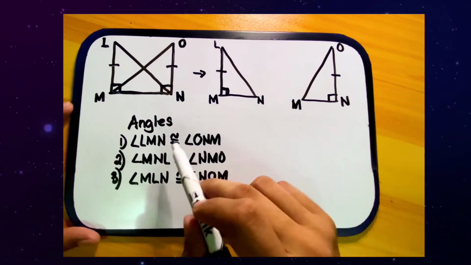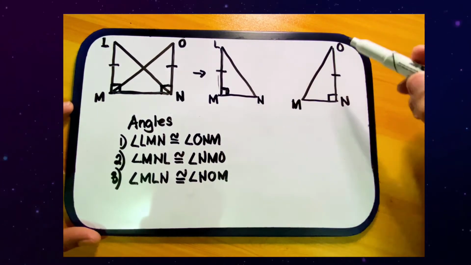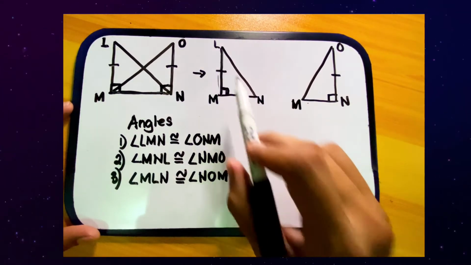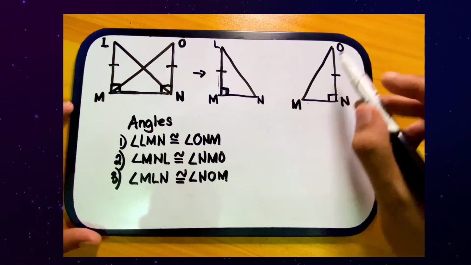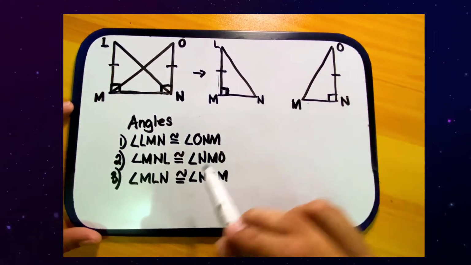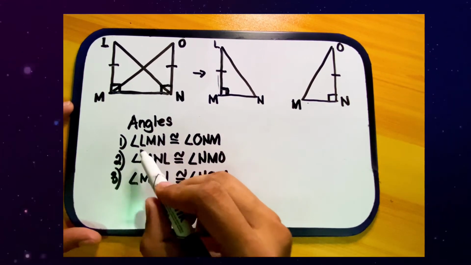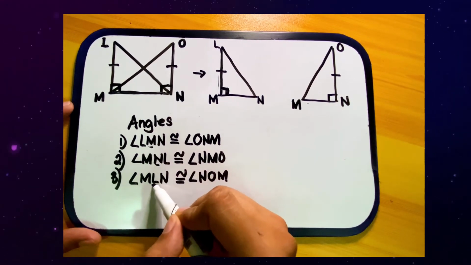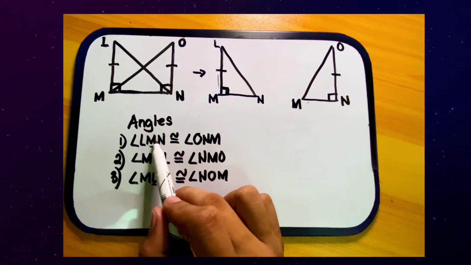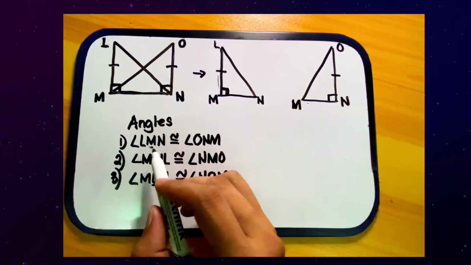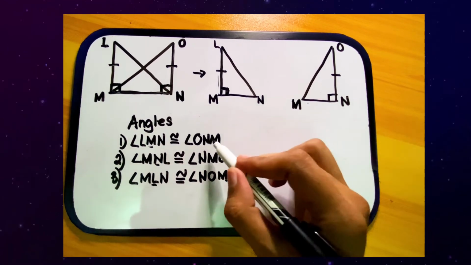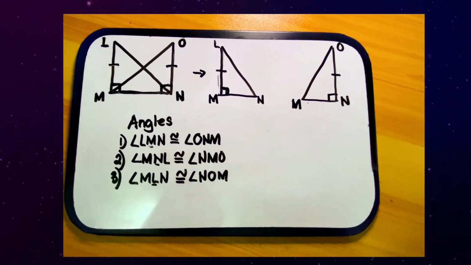Okay, so again, angle LMN congruent to ONM. Next, MNL congruent to NMO. Then MLN congruent to NOM. So notice that in the middle, these are the vertices. So make sure that the vertices are the 3 letters. So there's no redundancy, okay? So these are the 3 angles.